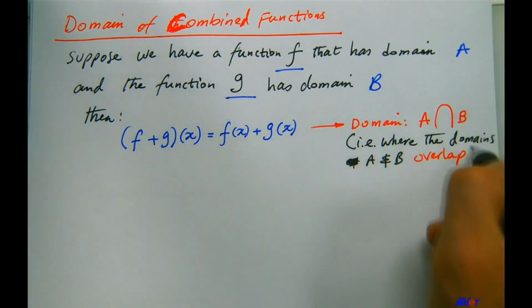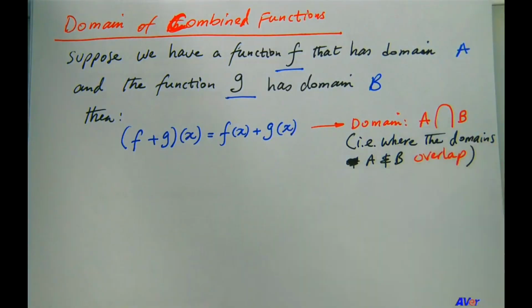That's the translation of that intersection. Remember, when we talked about sets much earlier in the course, the intersection means the common elements between two sets. So where domains A and B agree with each other, they overlap with each other. The pieces that don't overlap will be excluded.